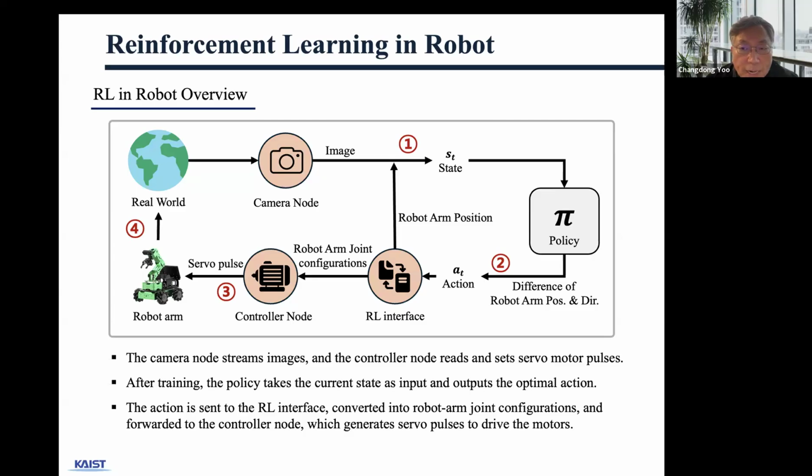When you are incorporating RL with the robot, this is a situation that you may have. It looks very different from the LLM instructing the robot to perform the action. Here, you have a policy, and it takes states and produces the action.